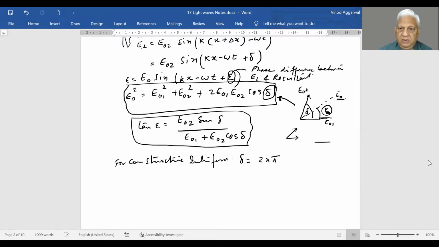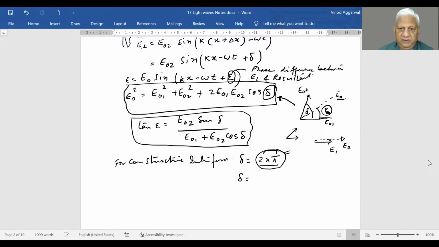That means if this is vector 1, the other vector lies completely over it, meaning there is no phase difference between the two. A phase difference of 2n pi is the same as saying there is no phase difference, because it's a multiple of 2 pi. 2 pi is 360 degrees. So this is the condition for constructive interference.